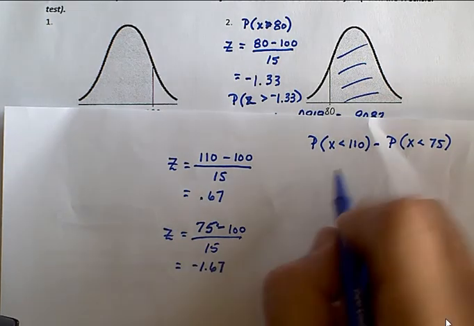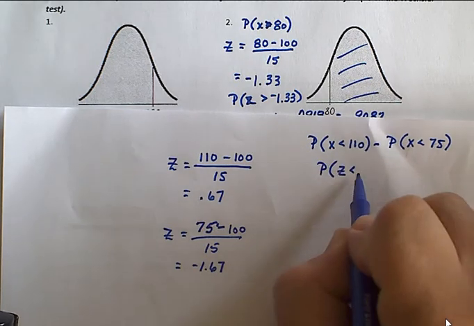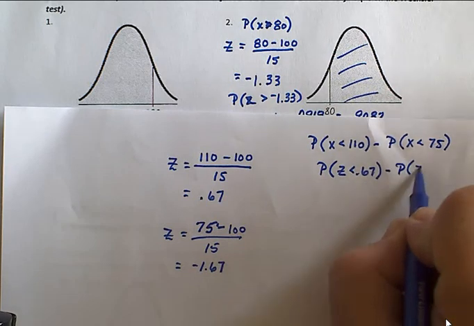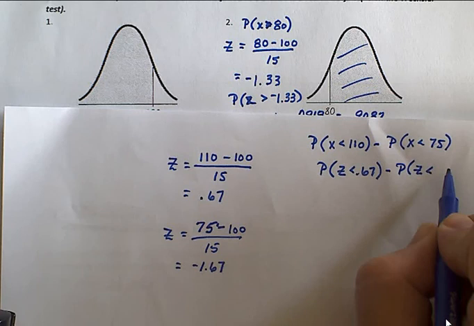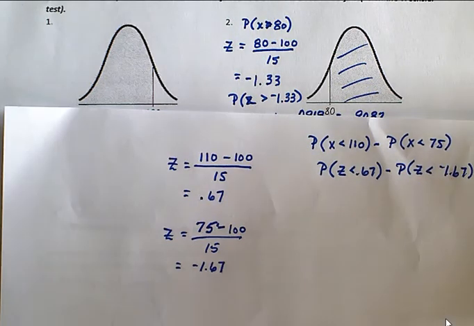So I'm taking the probability that z is less than 0.67 minus the probability that z is less than negative 1.67. So now I can go to the table and look those up.